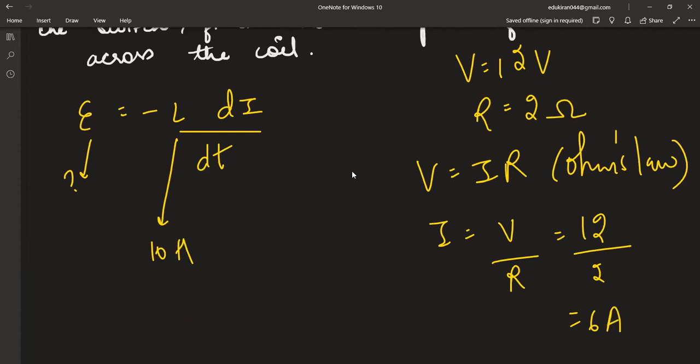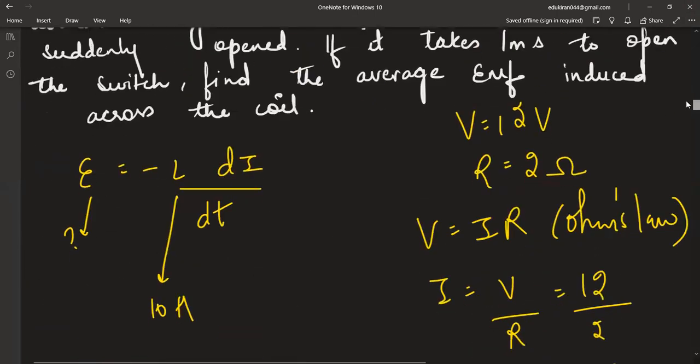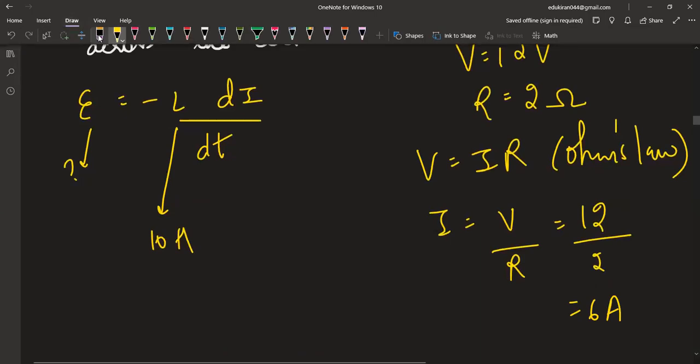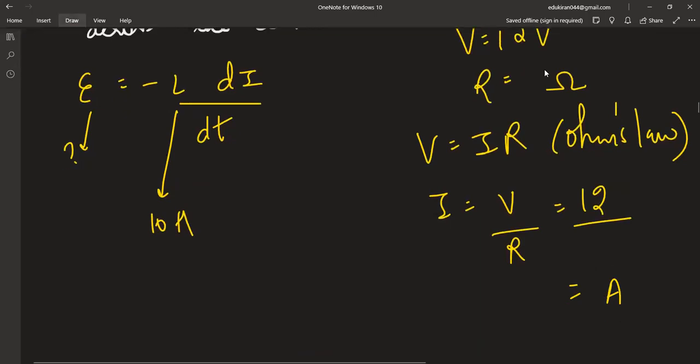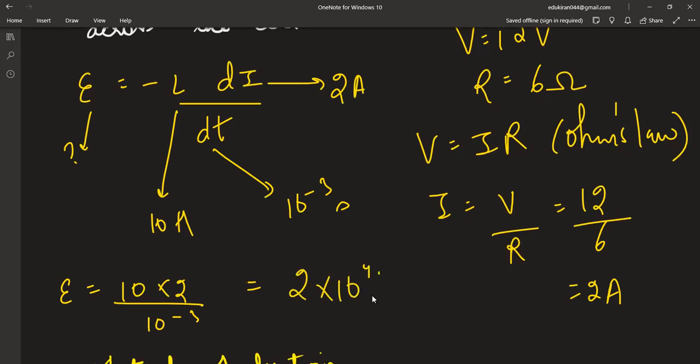No, resistance is 6, sorry. So this will be 2. Current is 2 amperes. Time is given as 1 millisecond, that is 10 to the power minus 3 seconds. So EMF will be 10 into 2 divided by 10 to the power minus 3. This is equal to 2 into 10 to the power 4.